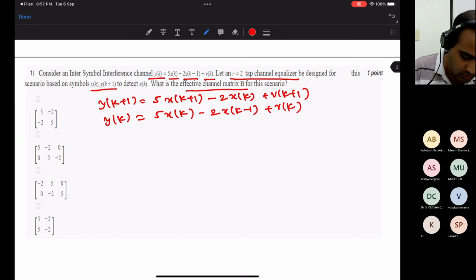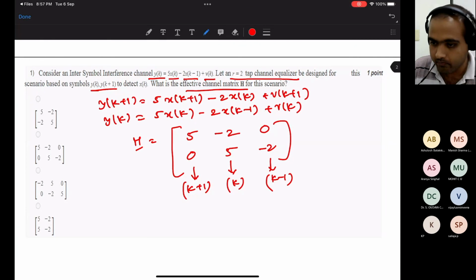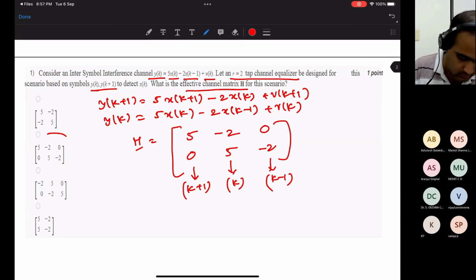What we need is the channel matrix. My H will be 5 minus 2 0, 0 5 minus 2. This column is at time index k plus 1, this is at time index k, this is at time index k minus 1. So my answer is B.